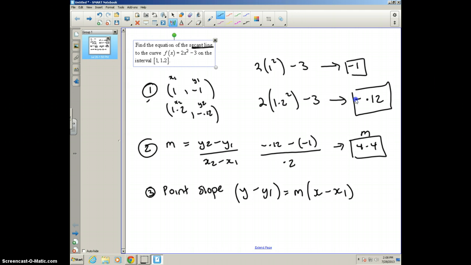So in order to do this, we're going to pick a y point and an x point. So what we will do is pick the easiest one, which would be 1 and -1. This would be the best option to put into the point slope form. It will make our job easier, but don't get me wrong, you can pick any point that you want, but this is the easiest one.